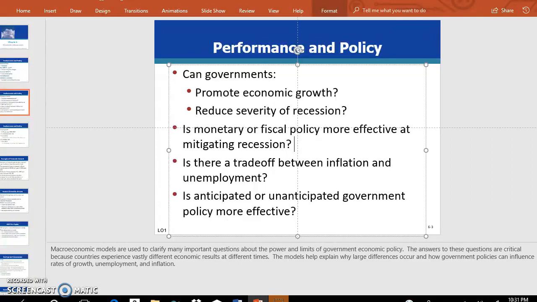Is there a trade-off between inflation and unemployment? As we have already said, there is conflict between goals of different policies, right? So, for example, if there is inflation in the economy, the government can try to control the inflation by increasing the interest rate, right? Increase interest rate, make it difficult for businesses to borrow money and invest.